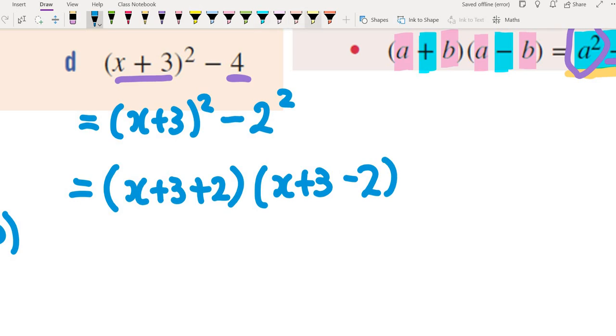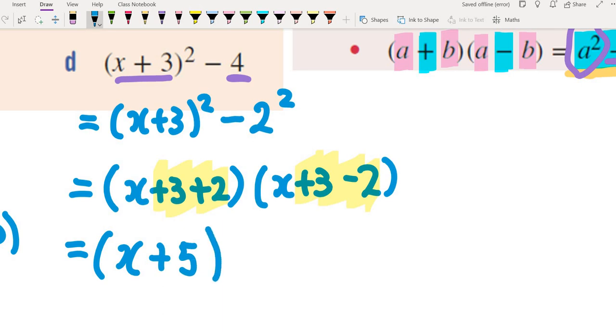And our final step is to realize we have a couple of like terms inside the bracket, so 3 plus 2, and here 3 minus 2, so just 1. So that's the fully factorized form.